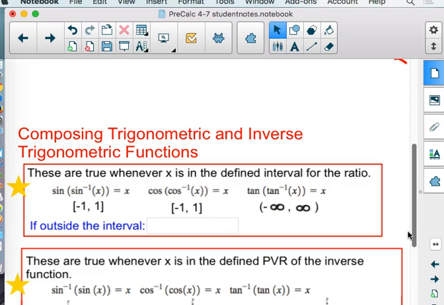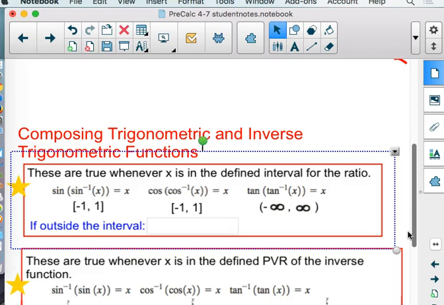If it is, bam, sine and inverse sine cancel each other out, and the answer is x, whatever it is. Same thing here. We check to see, are they asking us about a value that's between -1 and 1, because cosine has to be between -1 and 1. If it is, there's our answer right there.